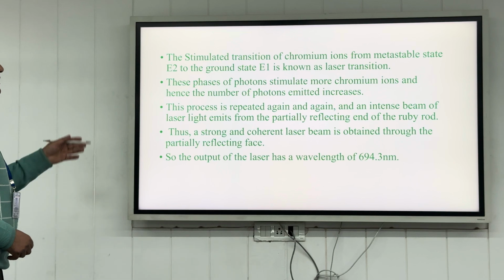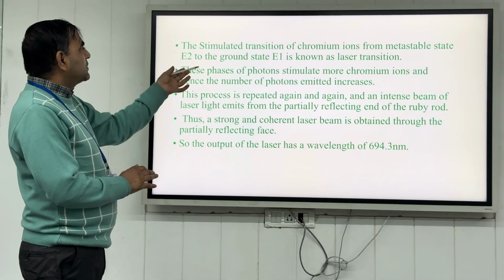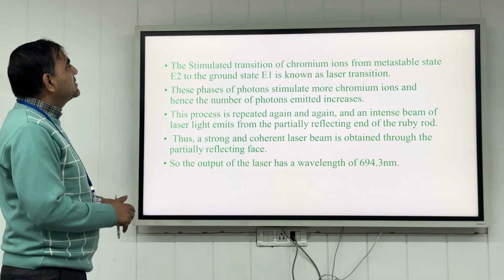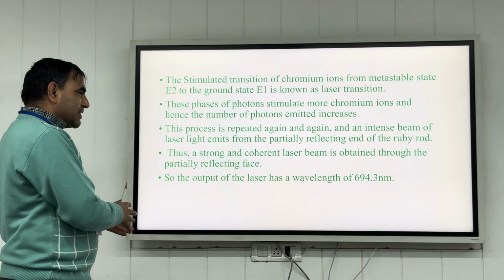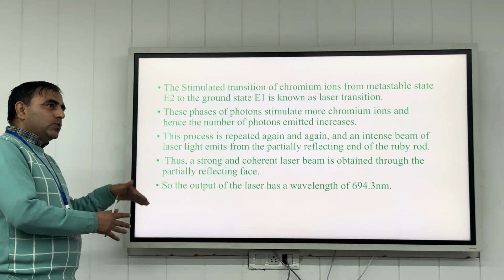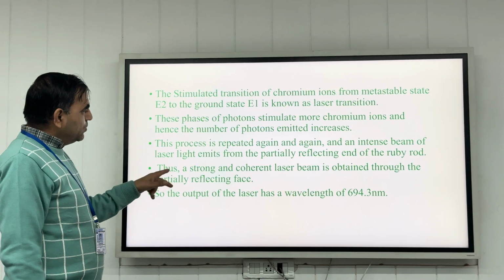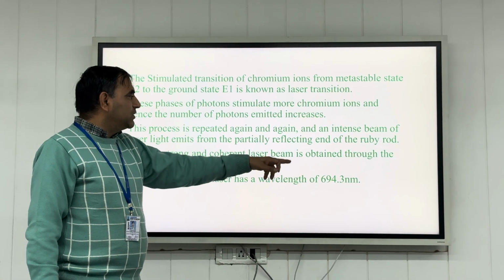The stimulated transition of chromium ions from the metastable state E2 to the ground state E1 is known as the laser transition. So this is the whole process, and we get the wavelength 6943 angstrom.